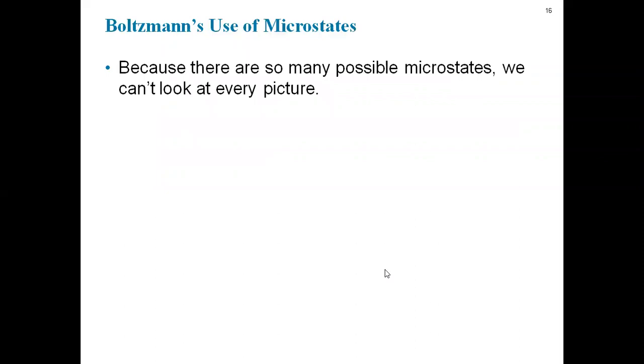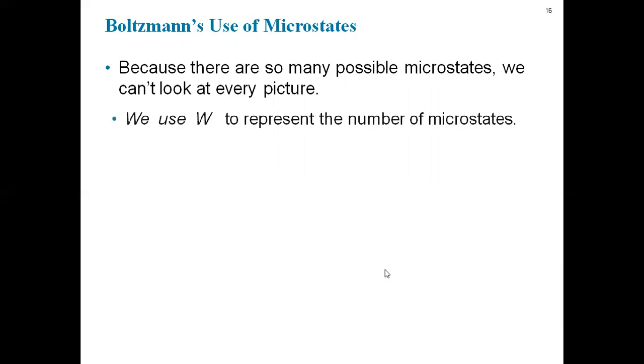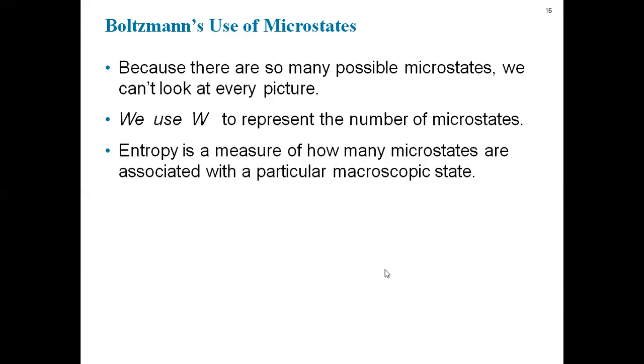Because there are so many possible microstates, we cannot look at every one. So you can use some formula to calculate how many you have. We use W to represent the number of microstates. Entropy is a measure of how many microstates are associated with a particular macrostate.